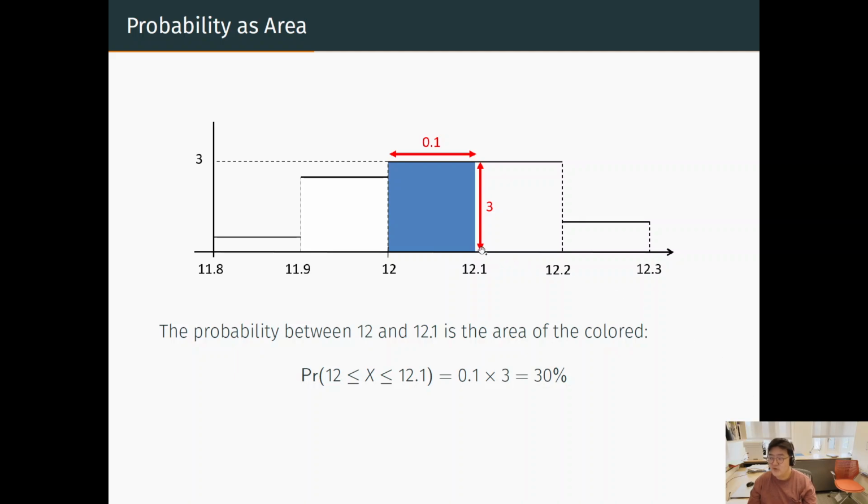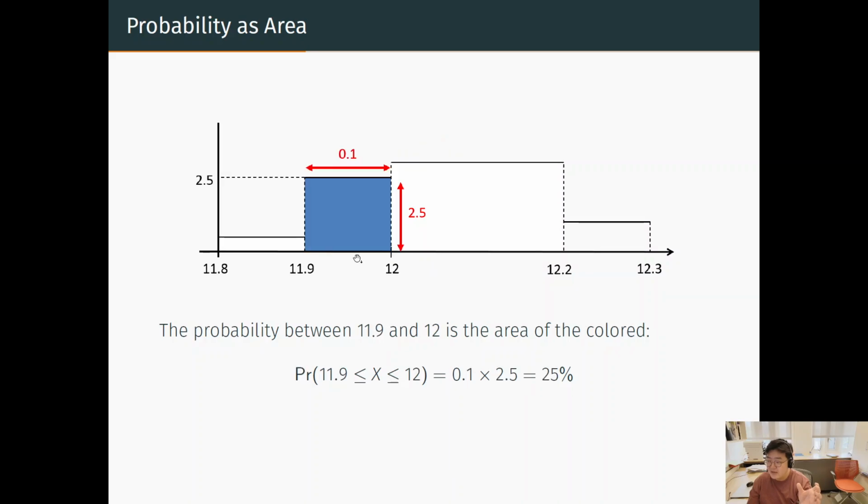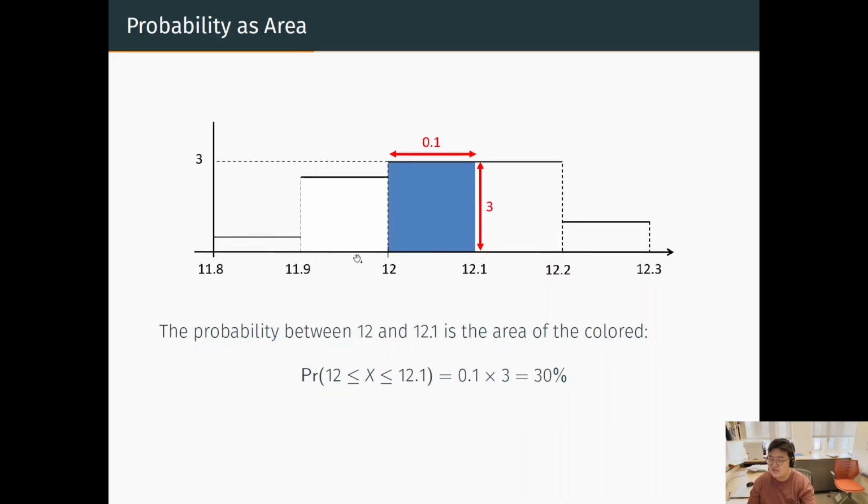Similarly, if you would like to calculate probability between 12 and 12.1, now it is this rectangle, right? Here the width is the same. These two rectangles have the same width, but height is different because it is higher here than here. So this area is 30%, which is the probability between these 2 points.